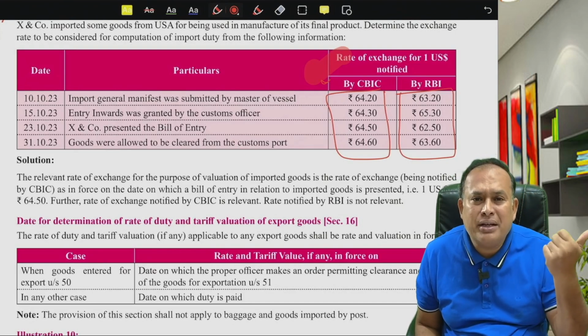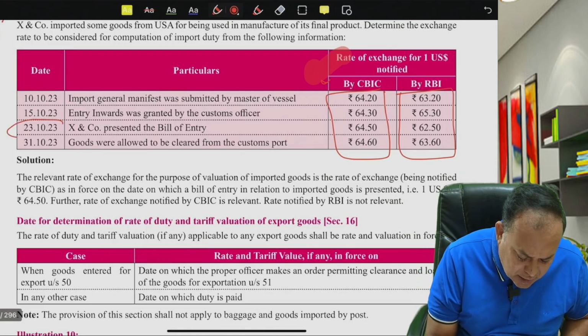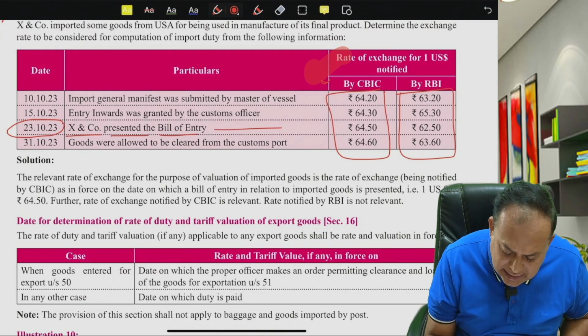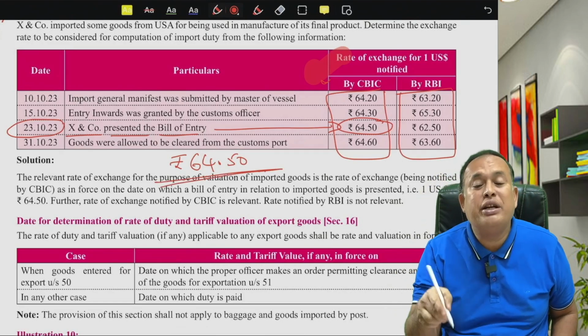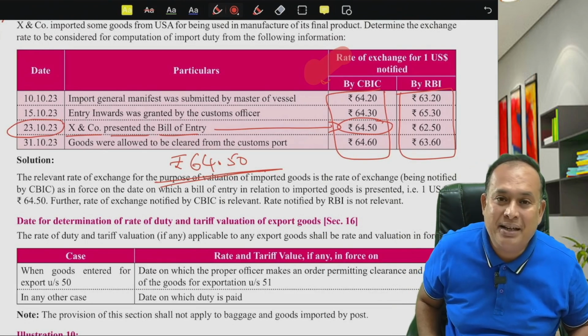The bill of entry was submitted on 23rd October. XN company presented the bill of entry. As on that date, what rate is applicable? So, the relevant exchange rate for our given case here is 64 rupees 50 paise, to be considered to convert the foreign currency into Indian rupees to pay the import duty in Indian rupees. Got the clarity, my dear friends?